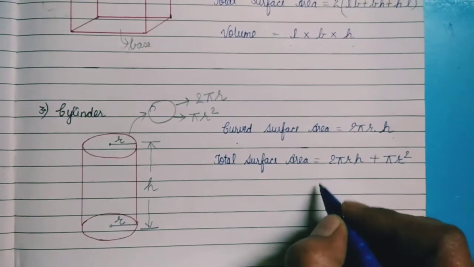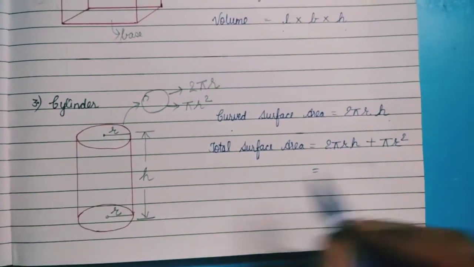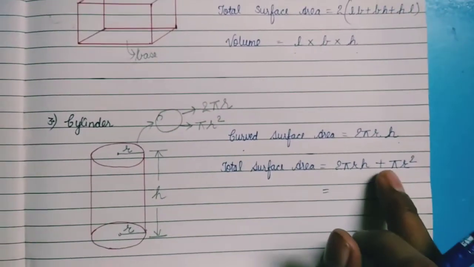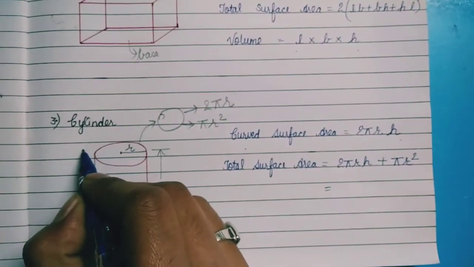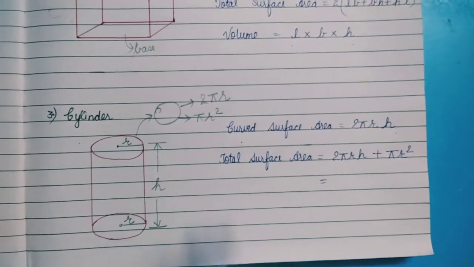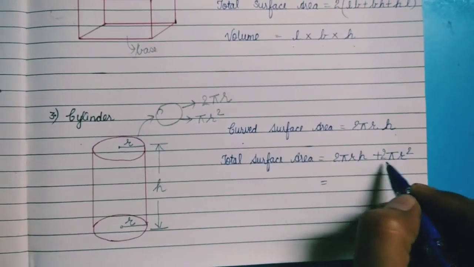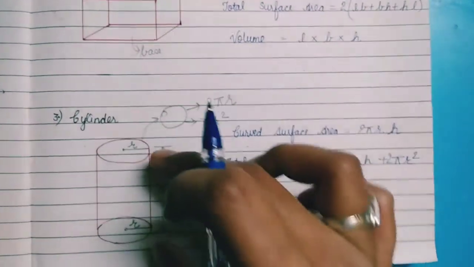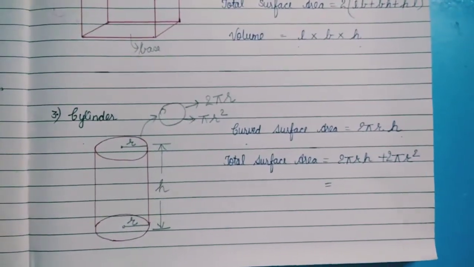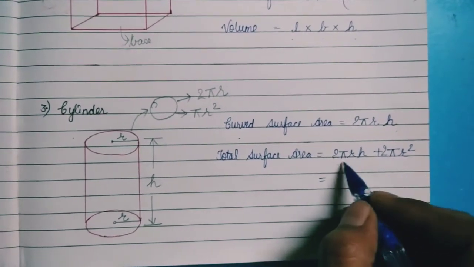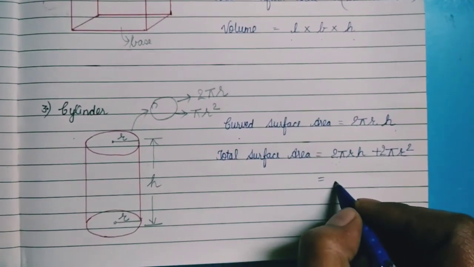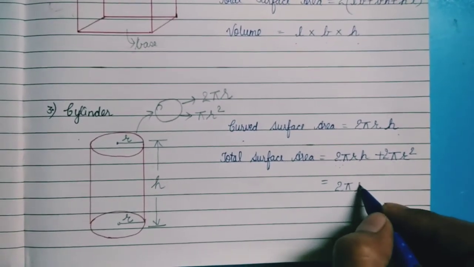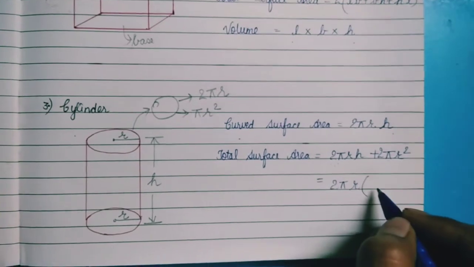Now you can see here we have not only one circle. One circle is here and a second circle is here. So here 2 into pi r square, 1, 2 circles, and this is the curved surface area. Now from these two we can take 2 pi r as common.